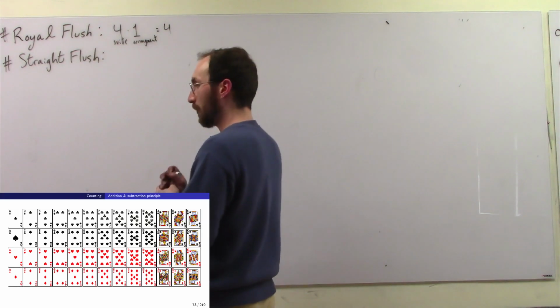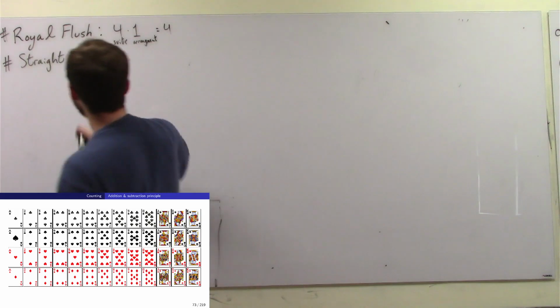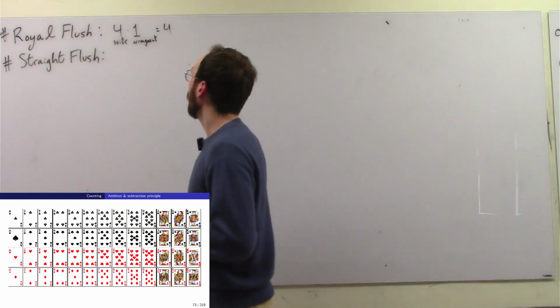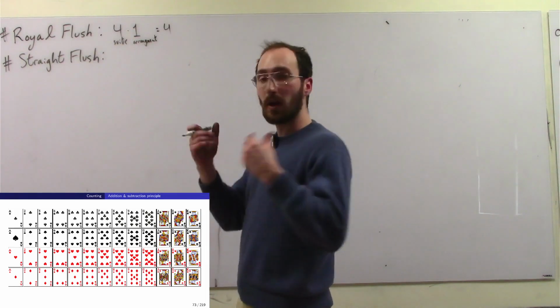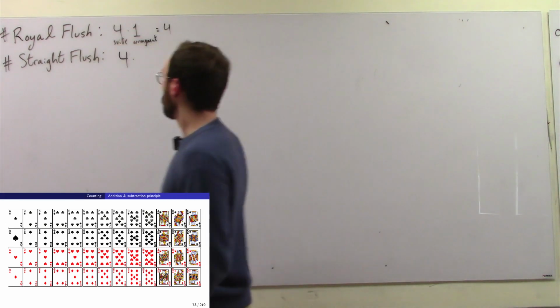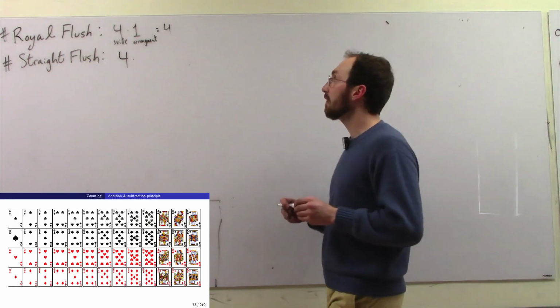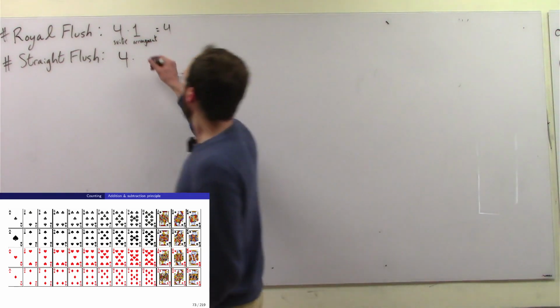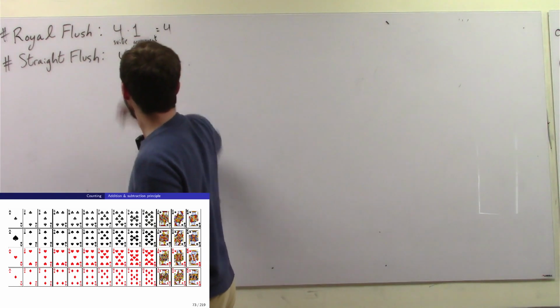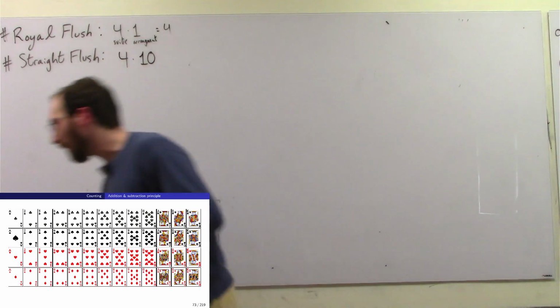So what do we do here? Well, with a straight flush, they all have to be the same suit. So there's 4 of those, awesome. Now how many actual straights do I have? Well, turns out it's 10. Wait, let me make sure I got that right.